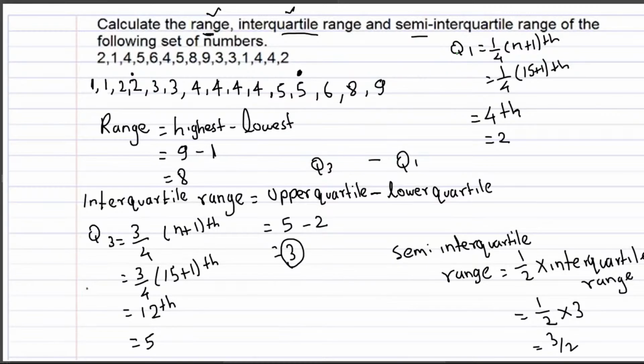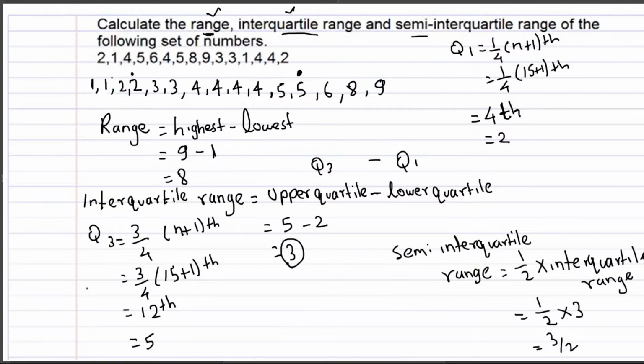We do the same for Q1: 1 over 4 times (n plus 1), with 15 numbers, gives 16 divided by 4, which is 4, the fourth place.